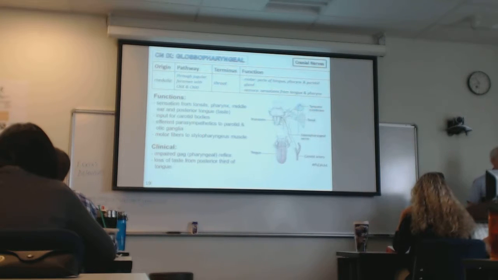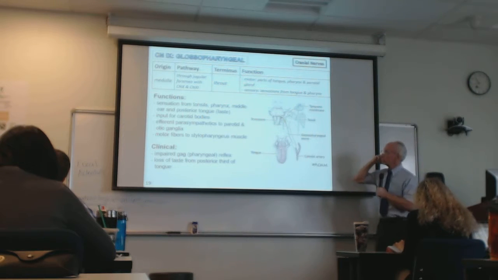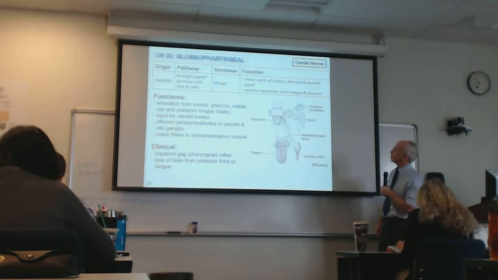The glossopharyngeal cranial nerve 9 has, again, a variety of functions, just sort of all over the place. The motor function to parts of the tongue. In fact, it also has sensory innervation to the anterior surface of the tympanum, for example.